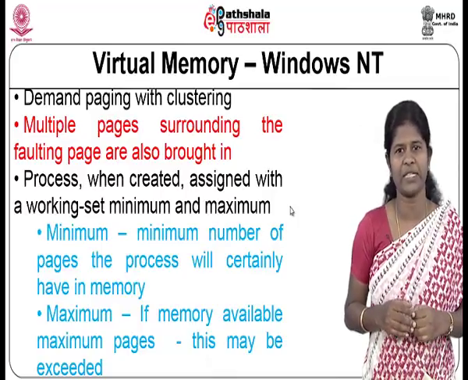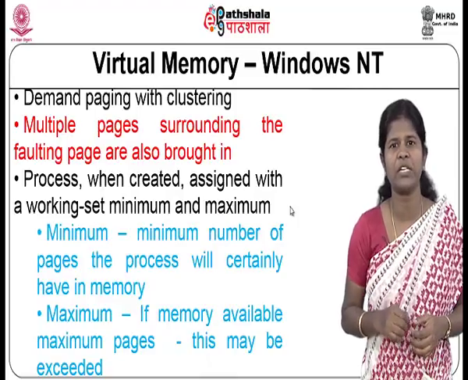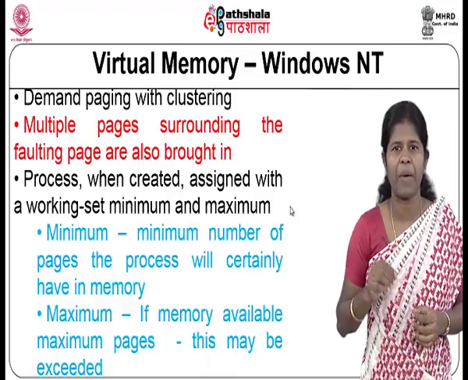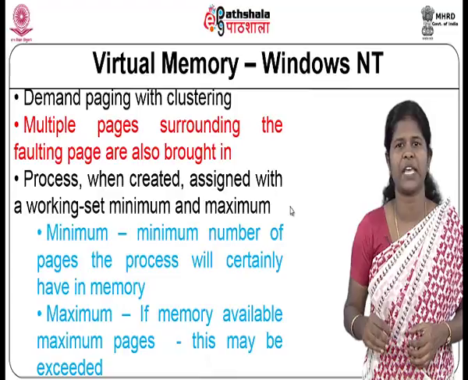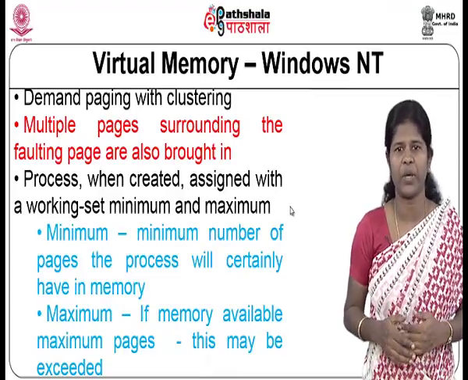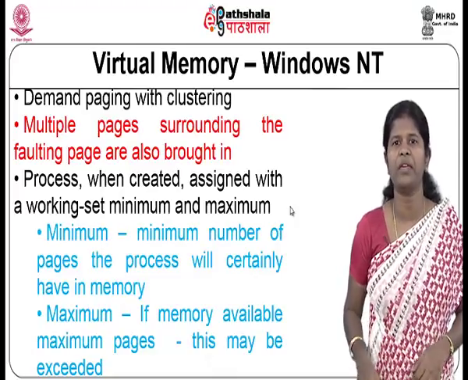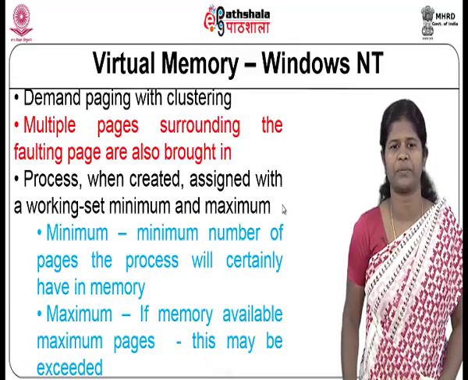So, if the working set maximum is 20, the process will be assigned a maximum of 20 physical frames. But at some times this 20 can be exceeded, and a few more physical frames can also be given to this particular process.